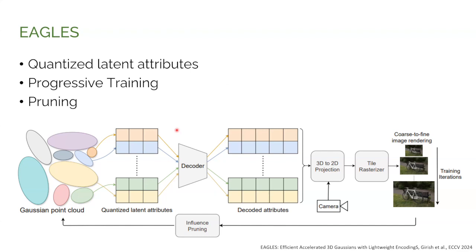Yeah. So they have latent attributes, and then these attributes go through a small neural network, which is a decoder, and then this decoder generates the raw attributes of the Gaussian. In particular, they apply progressive training, starting from low resolution training and then increasing the resolution along the training process.